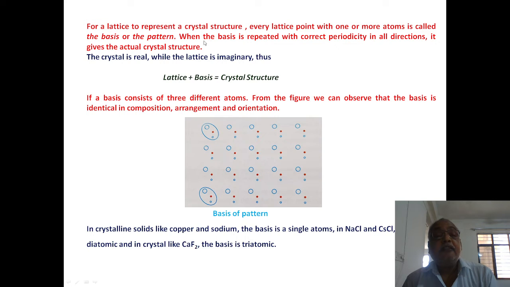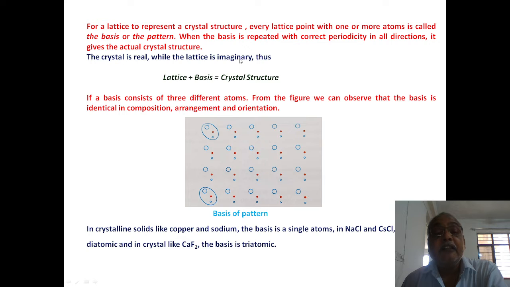For a lattice to represent a crystal structure, every lattice point with one or more atoms is called the basis or pattern. When the basis is repeated with the correct periodicity in all directions, it gives the actual crystal structure. The crystal is real while the lattice is imaginary.